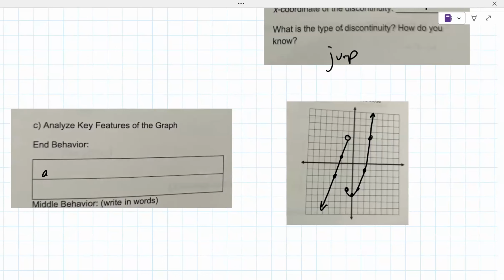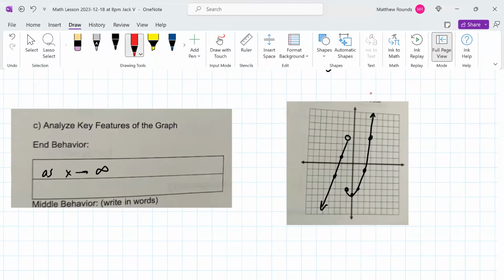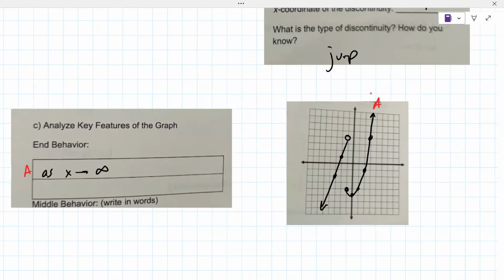So we would say as x goes to infinity, that's to the right. So that's over here at A. What happens to the y values? It goes to -1. Nope. How far up does A go? Infinity. Oh, there you go.